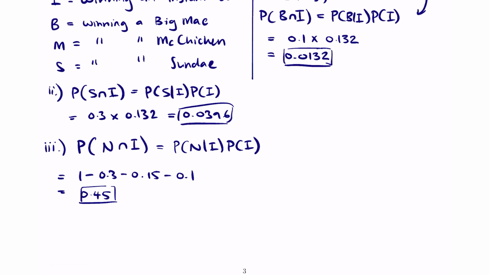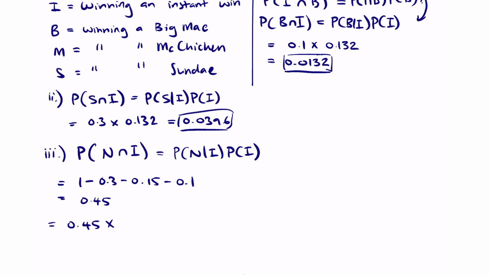Anyway, so we've got the probability of N given I. This is going to be the same as 0.45 multiplied by the instant win probability, which is 0.132. So if we multiply these together, 0.45 times 0.132, we get 0.0594. So the probability of getting an instant win and being disappointed is about 5.94%, or about 6%.